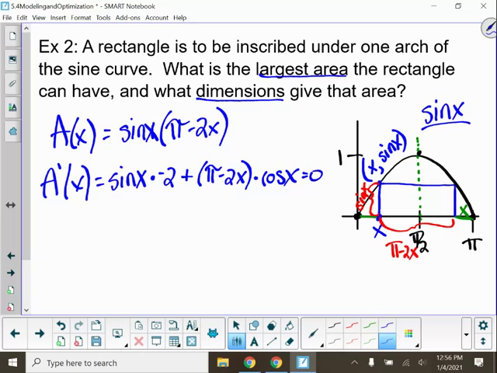Now keep in mind, our x value actually has to be lower than pi over 2. So whenever you are looking at what the value is, where this is equal to 0, where this crosses the x-axis, you do need, because it's going to cross at multiple places, you want to look in between 0 and pi over 2, and you're actually going to get for that 0.710.